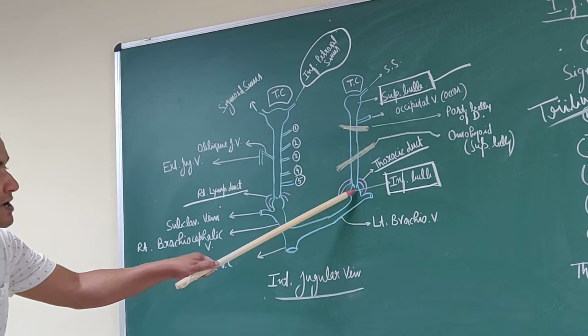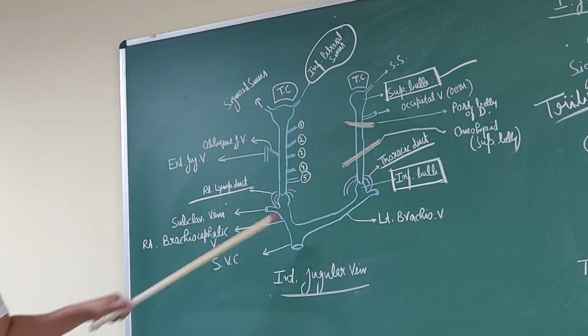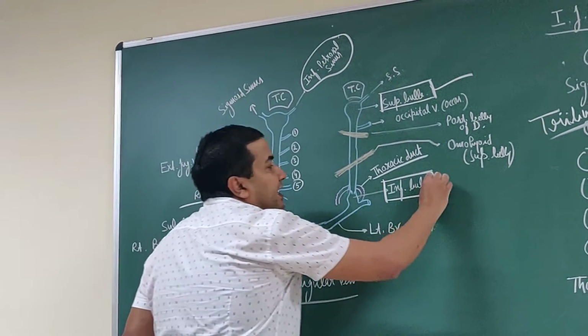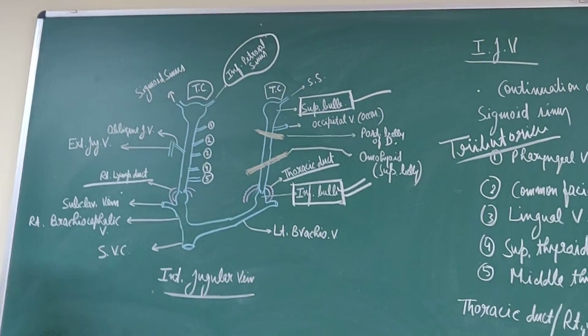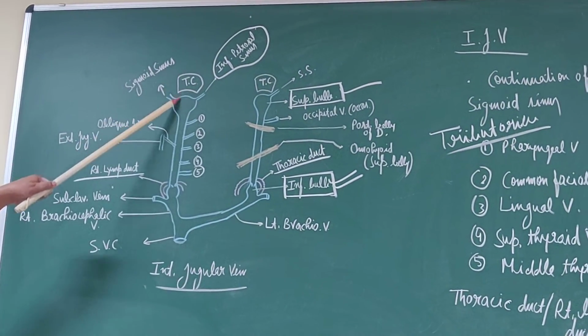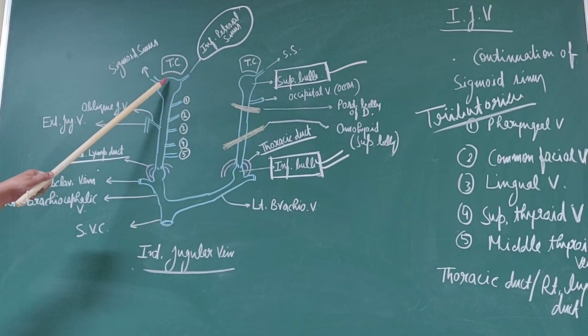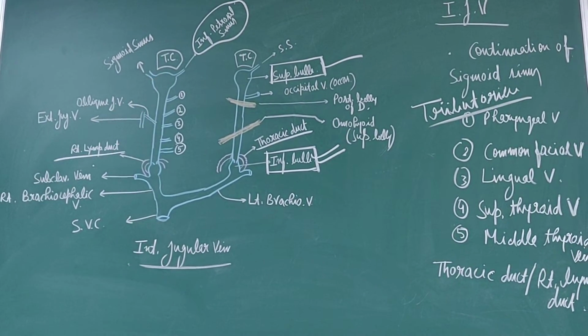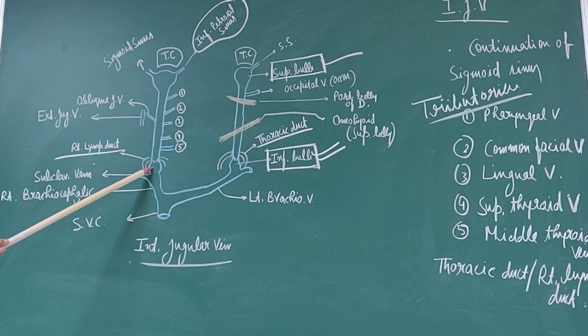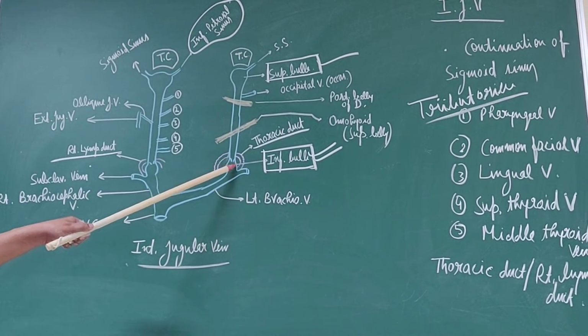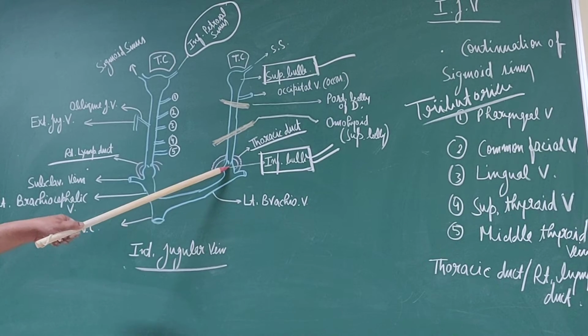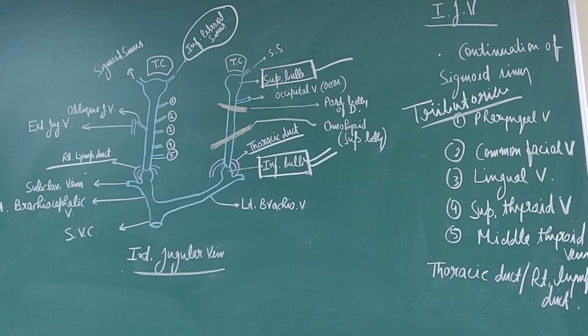Now, at its termination, if you see the diagram, there is another bulging. This is the inferior bulb. So this internal jugular vein is dilated at two points: one at the beginning, the superior bulb, and one before its termination, guarded by a valve, the inferior bulb.